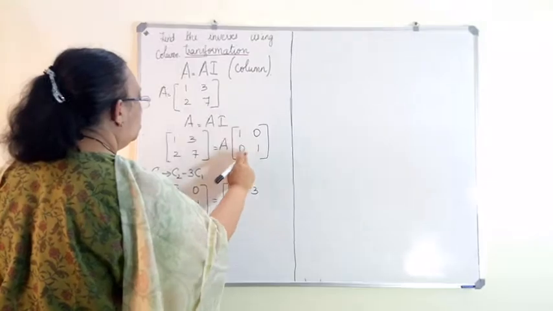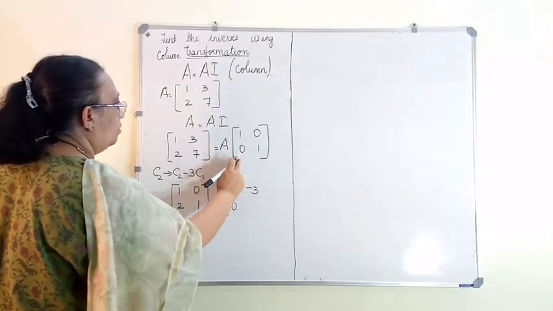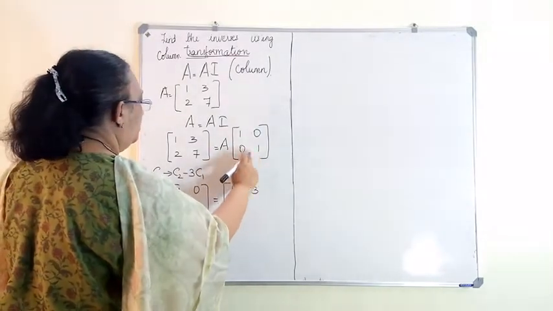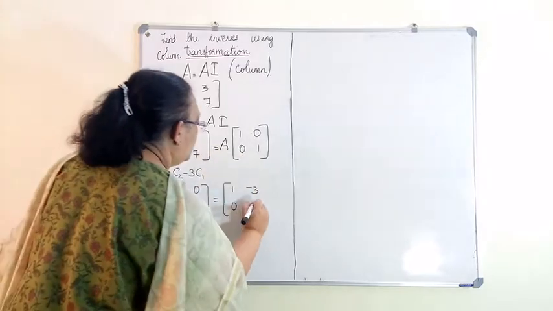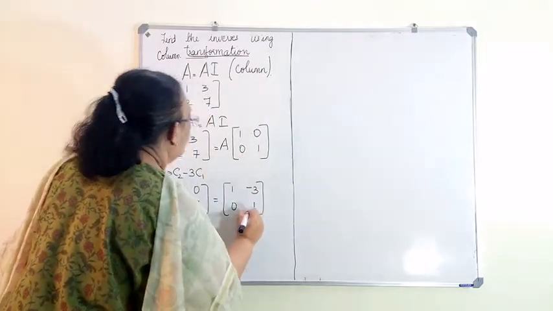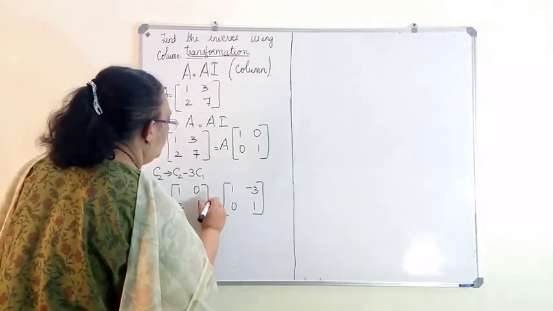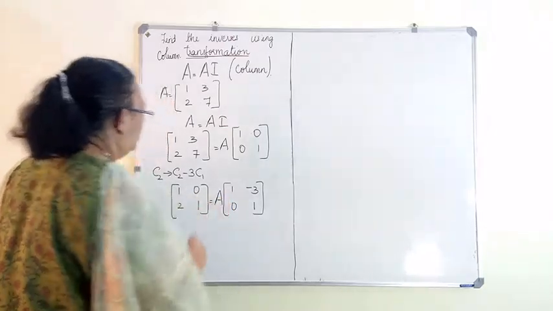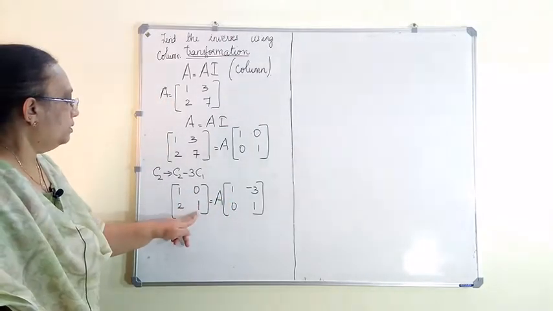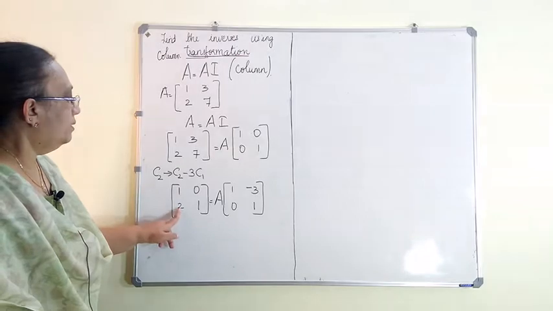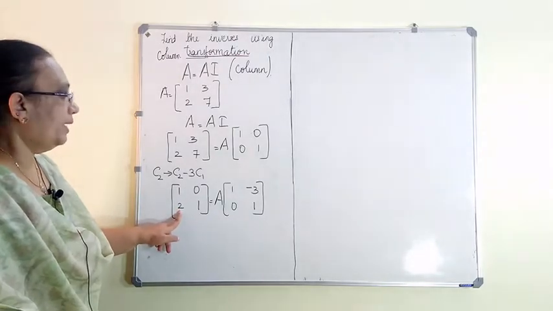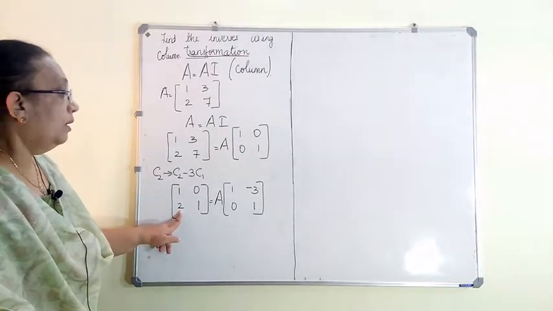C2, 0 minus 0, 1 minus 0. It is equal to 1. A into I.